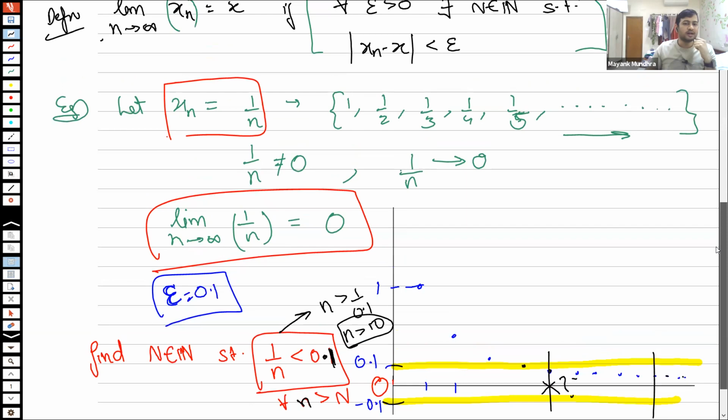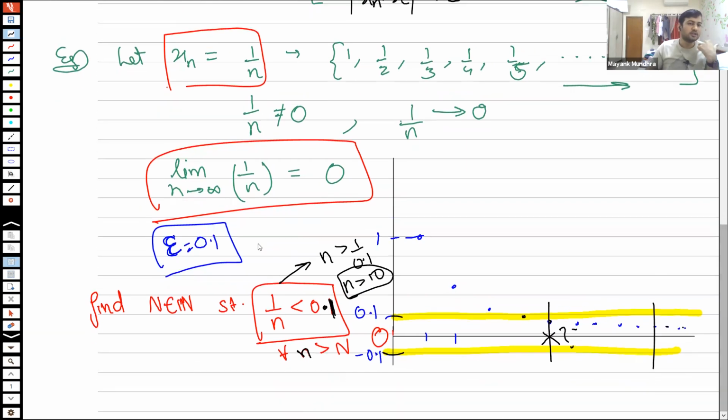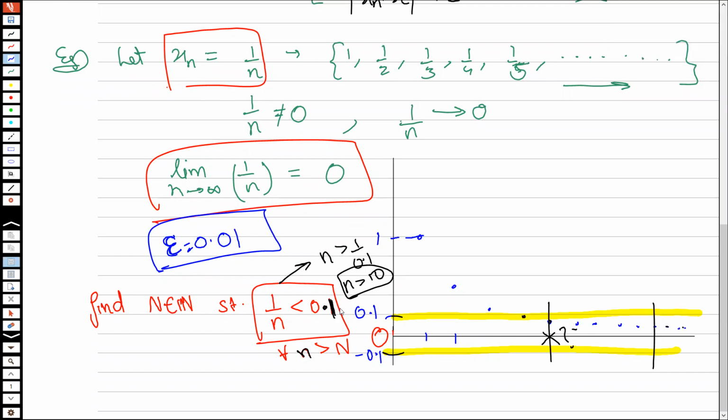Now I can choose another epsilon. Anuradha gave me an epsilon of 0.1. Maybe I'm not happy with it, so I take an epsilon of 0.01. Let me ask this question now to Kashish. For epsilon 0.01, this thing becomes 0.01.